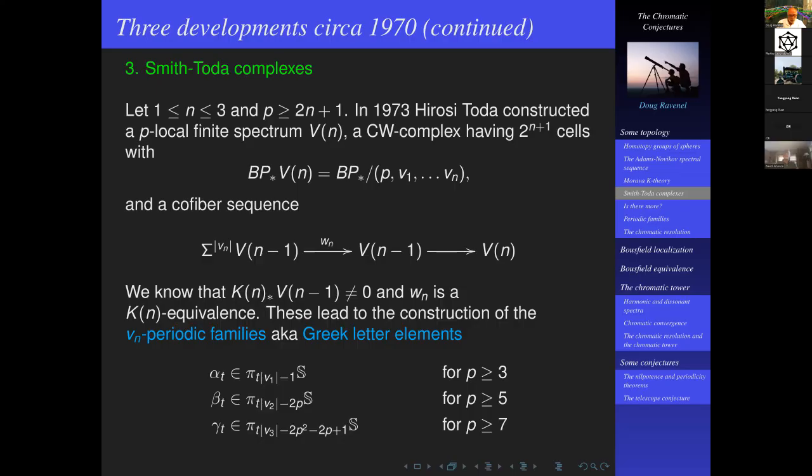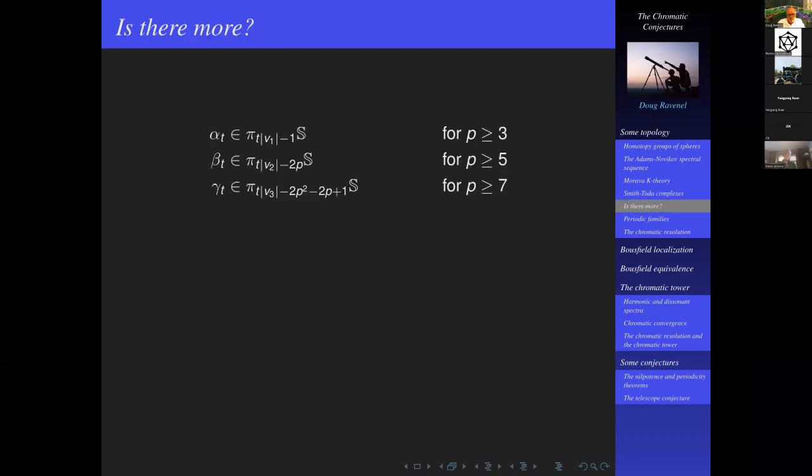And I found this really, really interesting, and I wondered if there were more families like this, and what else you could say about these. But these had sort of seemed to have fallen from the sky in the early 70s, and I was extremely curious about them.